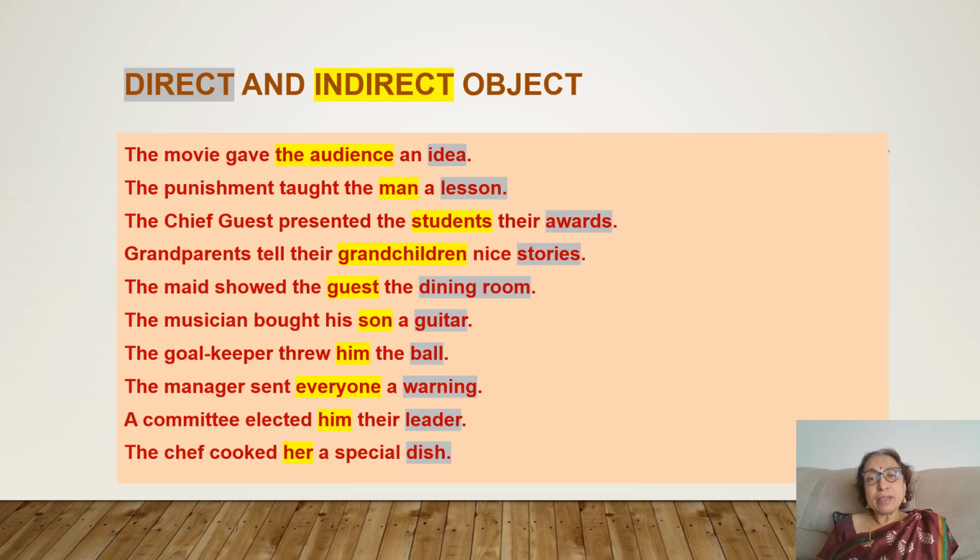They can take two objects, but the essential one is the direct object and the non-essential one is the indirect object. That noun is needed to complete the verb. But here, the indirect object is not needed to complete the verb. It is there. It gives extra information, but it is not necessary.